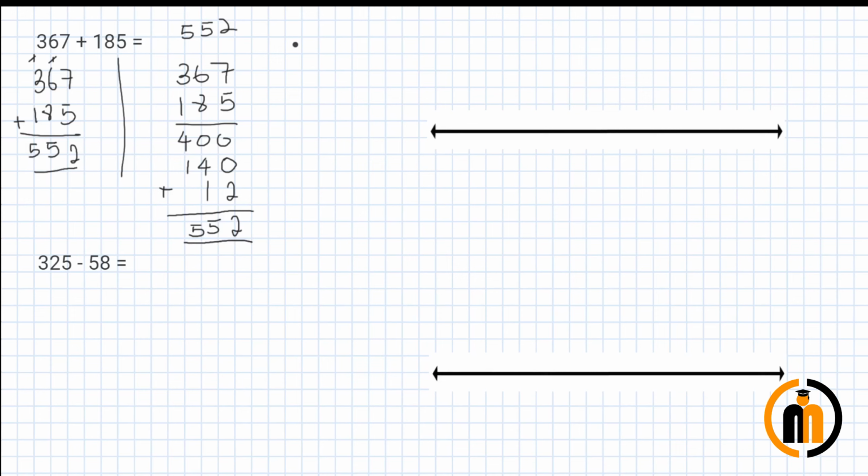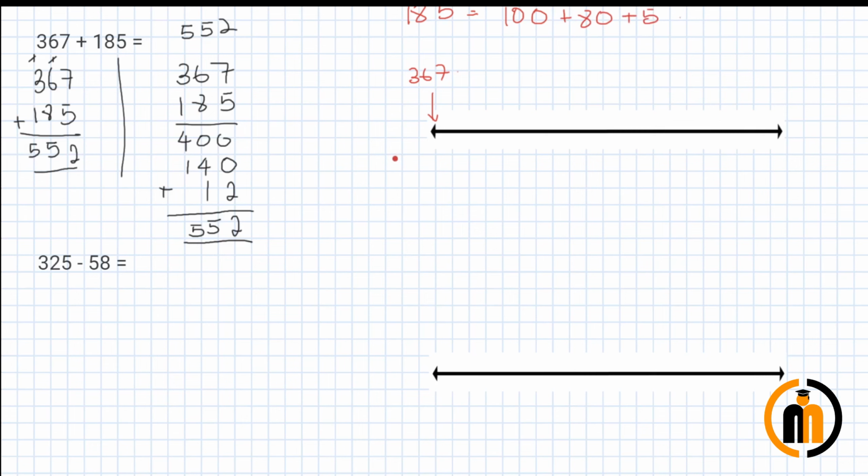Alright, now this is another way for you to easily add and get the answer. Now if you look at the number line, let's say we have 367 at this point. Let me change my color. Now 185, let's separate it into 100 plus 80 plus 5.